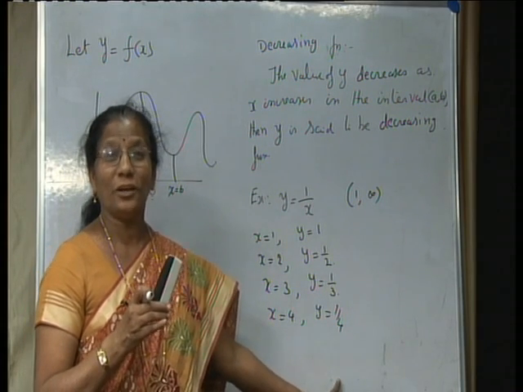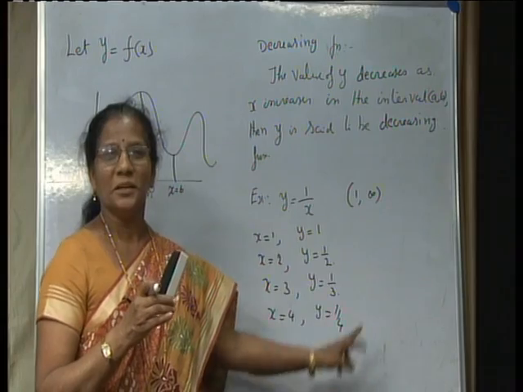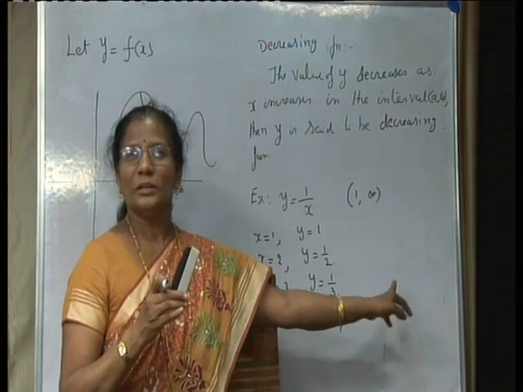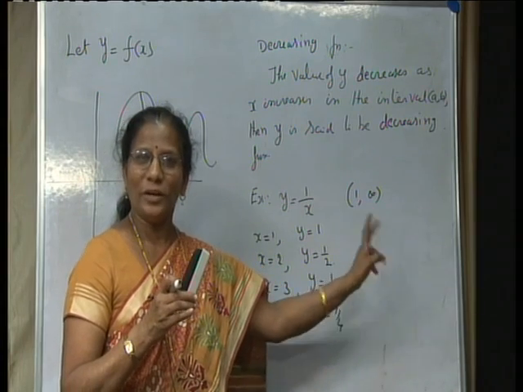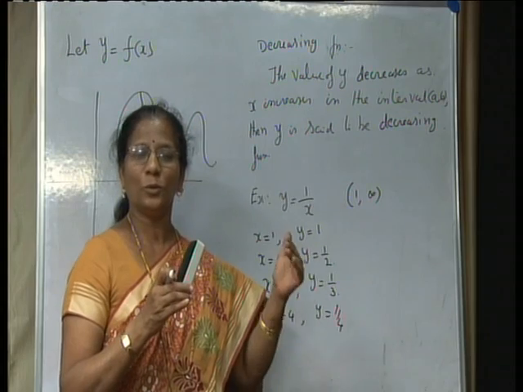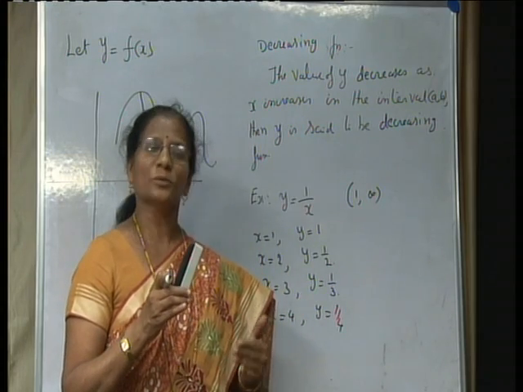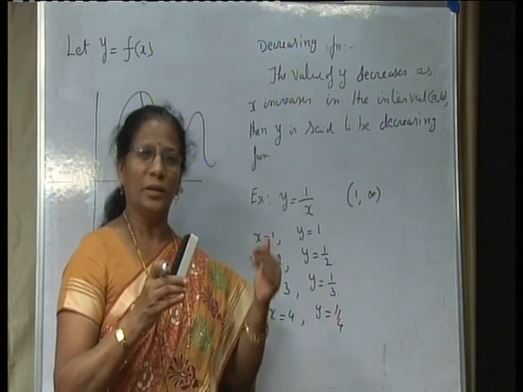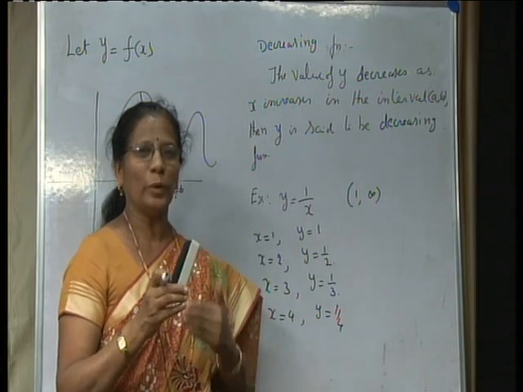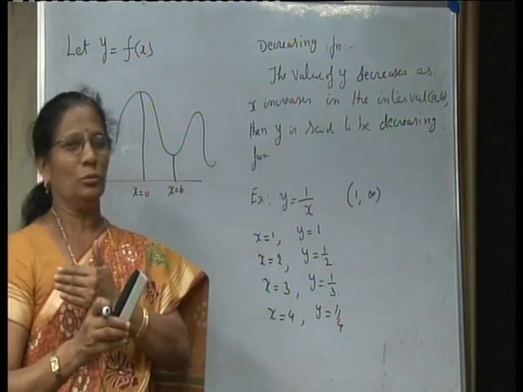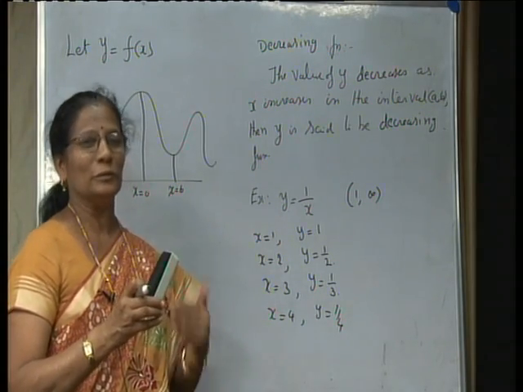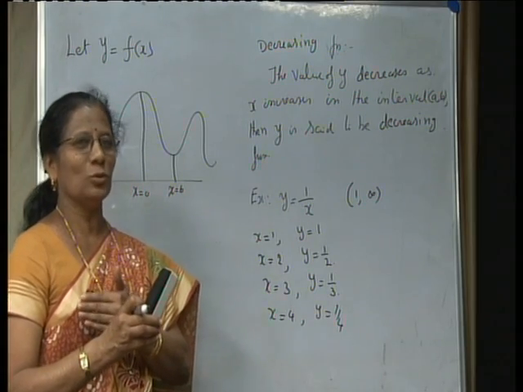Similarly, if you take y is equal to cos x in the interval 0 to pi by 2, that is also a decreasing function. You can verify just like for y is equal to sin x. Put x is equal to 0, cos 0 is equal to 1; x is equal to pi by 3, y is equal to cos of pi by 3; x is equal to pi by 2, y is equal to 0.